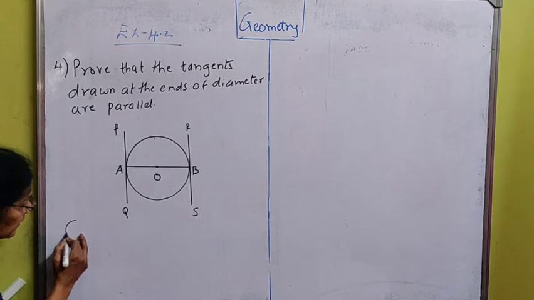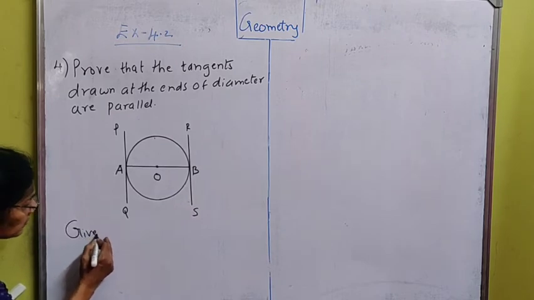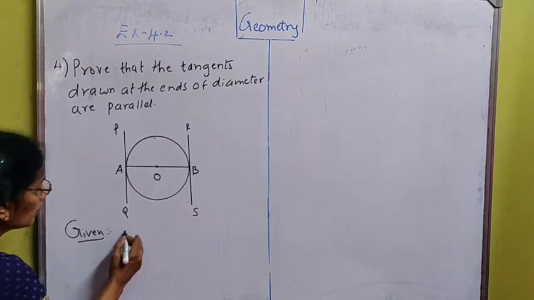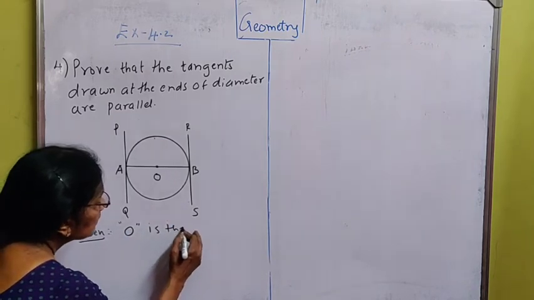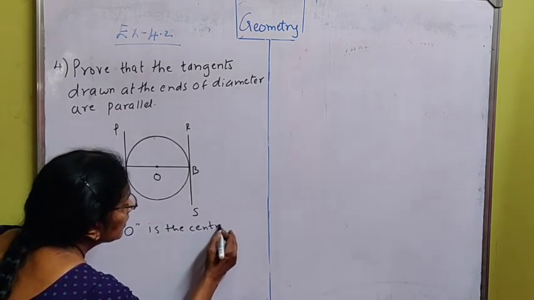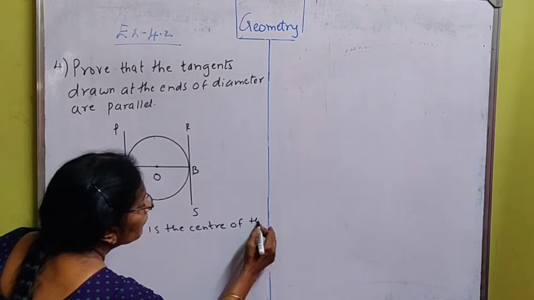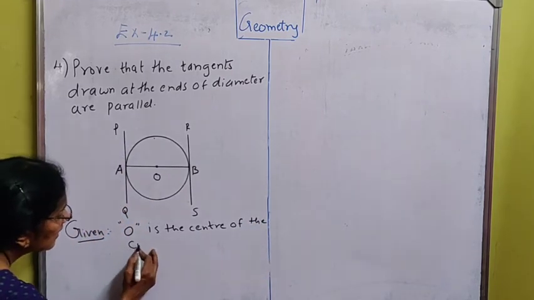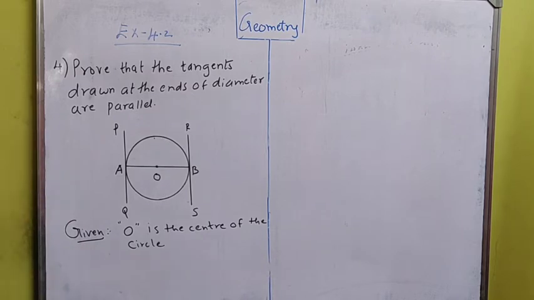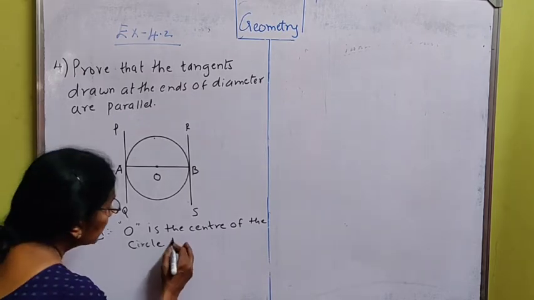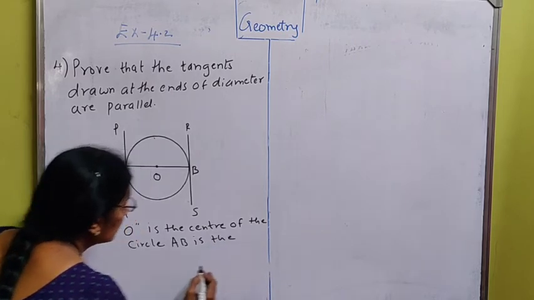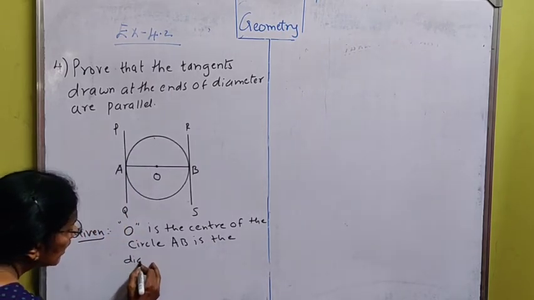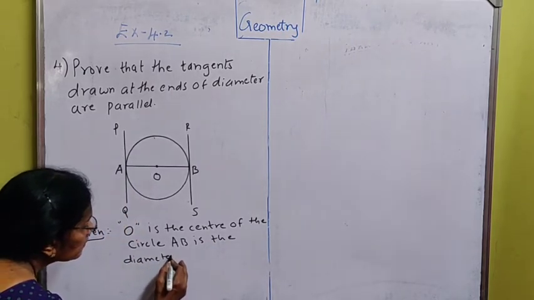So what is given over here? O is the center of the circle. AB is the diameter.